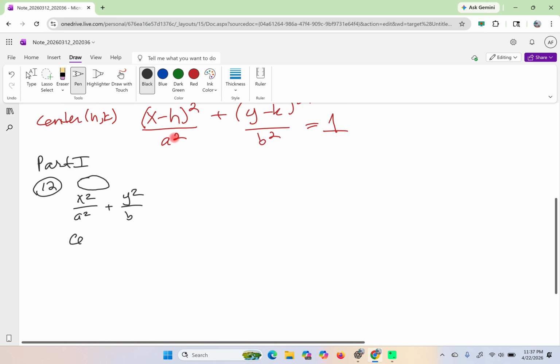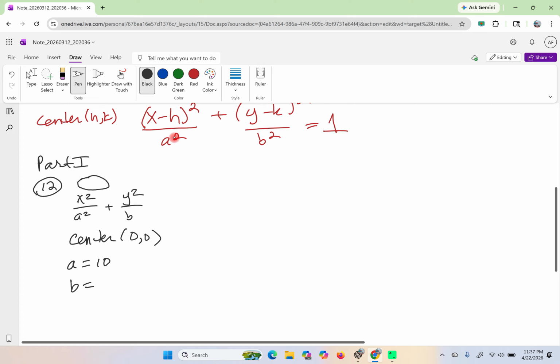So our center is at 0, 0, and the length of A, which is from the center to the end on the long side, A is 10. This is just counting units, so units from the center to the outer edge of the ellipse is 10. And then the shorter distance, which tells us B, is 6.